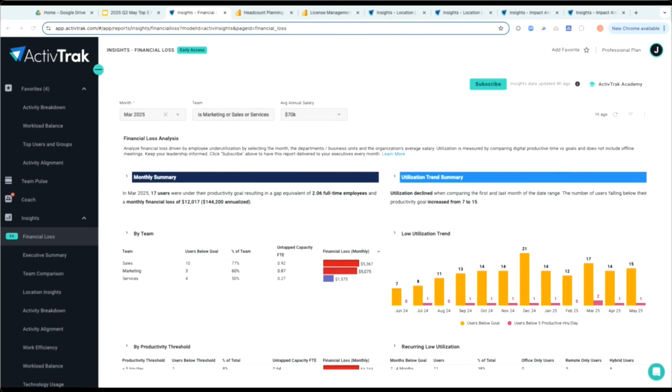And so the concept behind the financial loss dashboard is looking for actual productive time against expected productive time in the form of productivity goals.